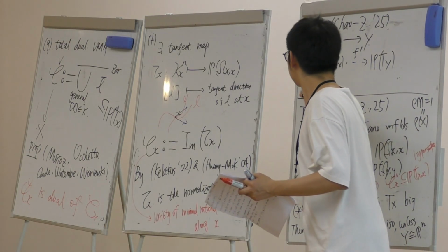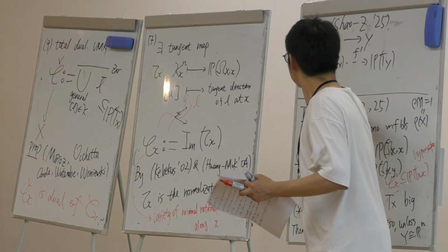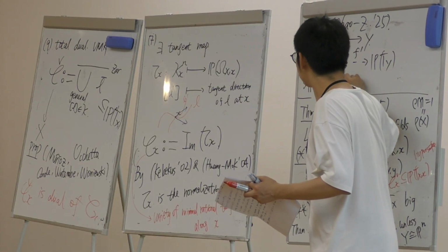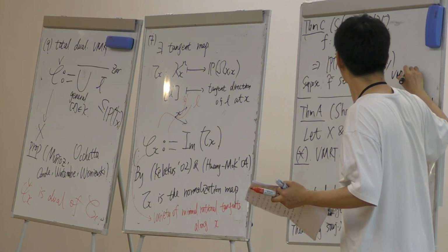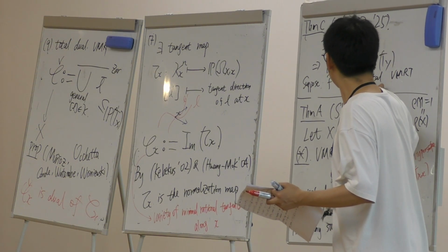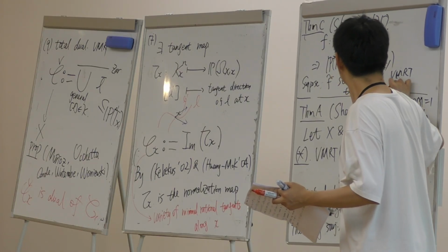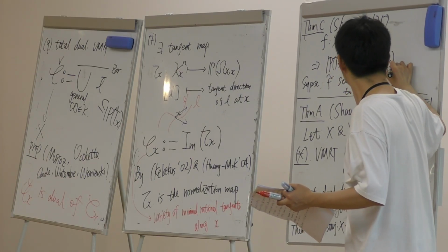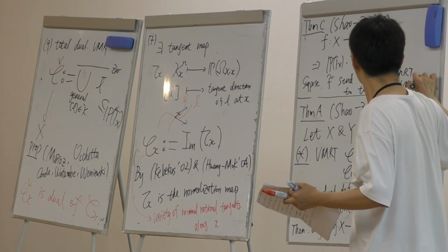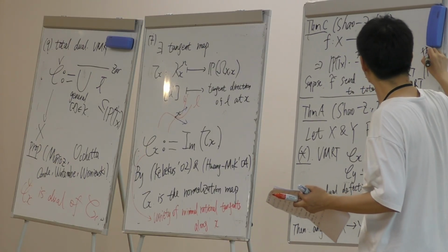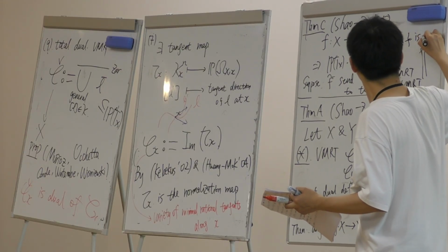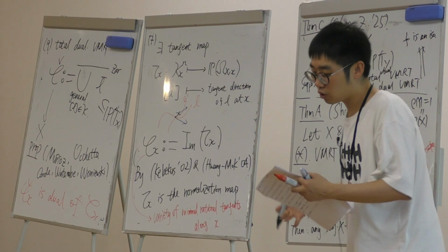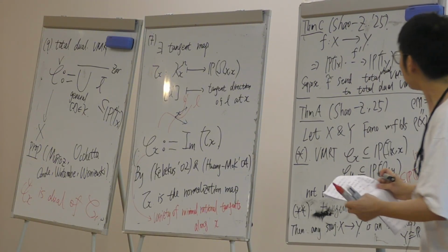Suppose this f tilde sends the total dual of MRT to the total dual of MRT. Then we obtain that f is an isomorphism. So what does this mean?